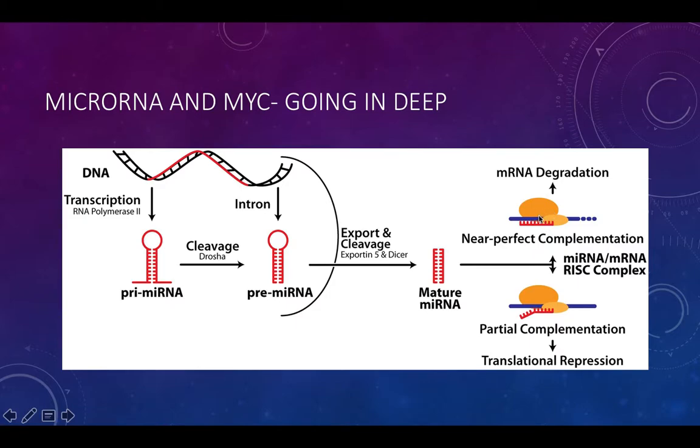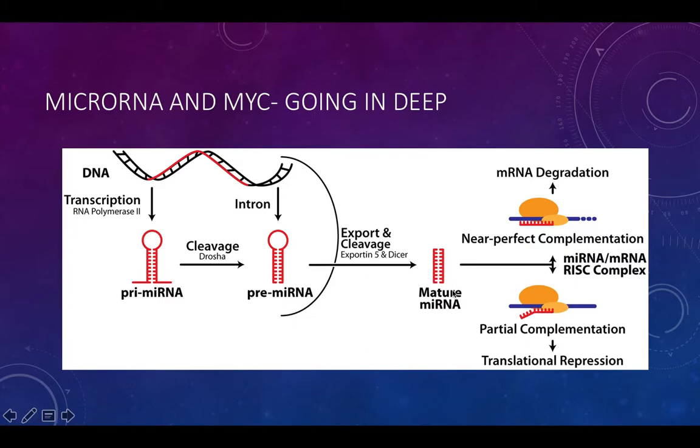If it's not fully complementary, then it can at least bind onto the ribosome and prevent full translation of a protein from a messenger RNA at the level of the ribosome. The complex which causes these breakdowns is called the RNA-induced silencing complex, RISC.